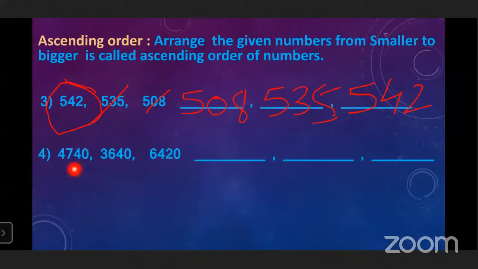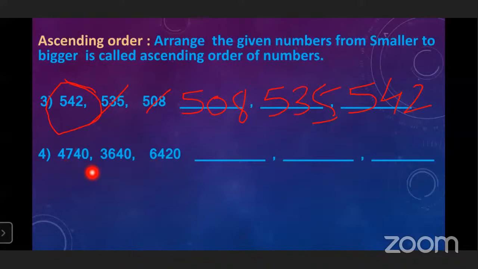Now see the digits first. All numbers have the same number of digits, four digits. If all numbers have four digits, what do we have to see? We have to see the higher place of that number. On the higher place, the first number has 4, the second number has 3, the third number has 6.